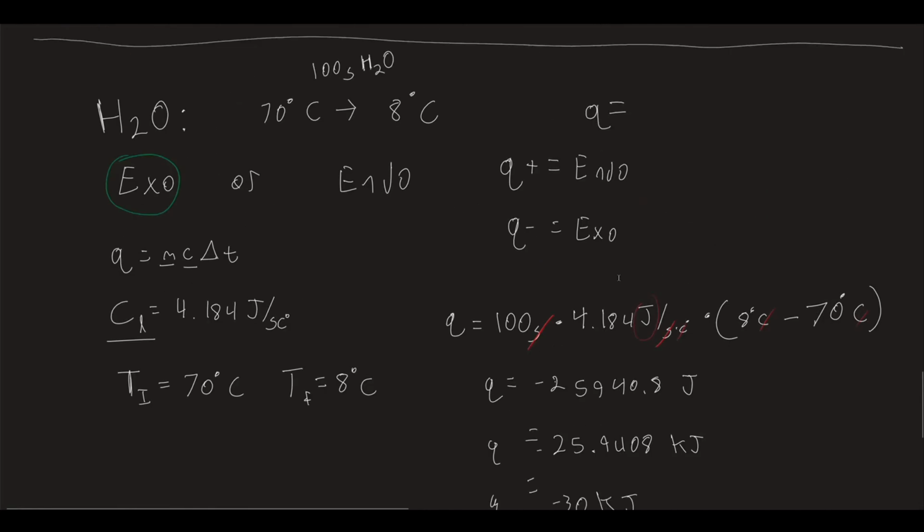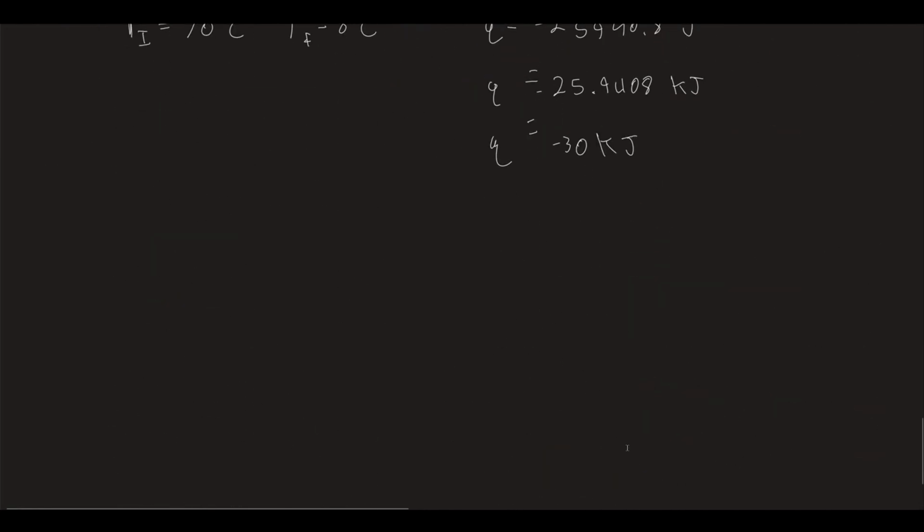Let's do one more. Let's do one with a state change this time. So let's say we want to freeze some water. We have some H2O at 0 degrees Celsius, but it is in the liquid state.